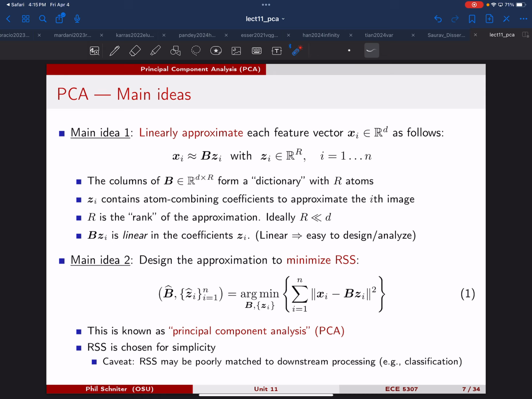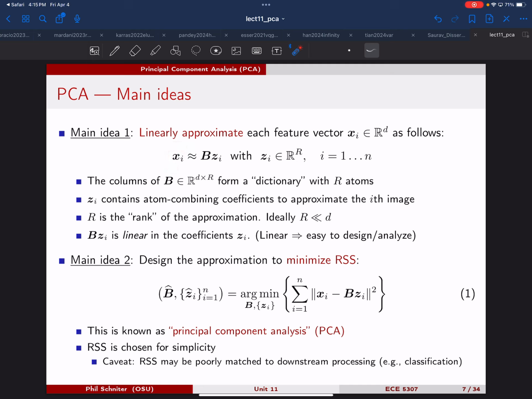So that's basically how we set this up. We get to choose how many columns are in the dictionary B, or how many coefficients are in zi, and that's called the rank of the approximation. And so intuitively, if you use many columns in B, then you get a better approximation than if you use few.